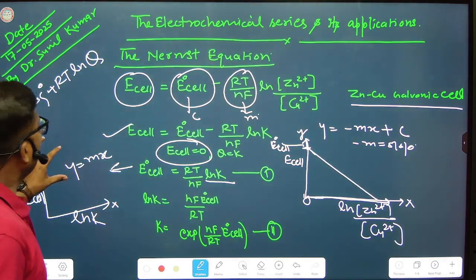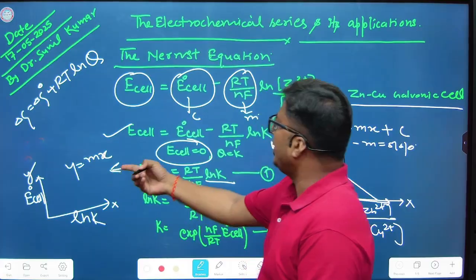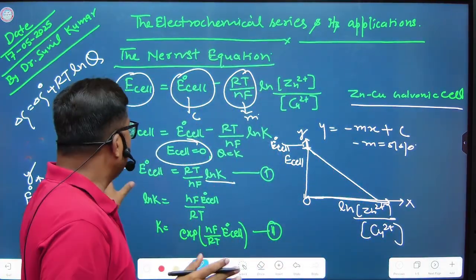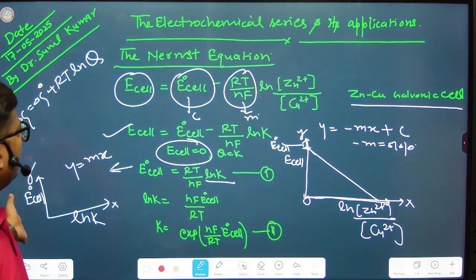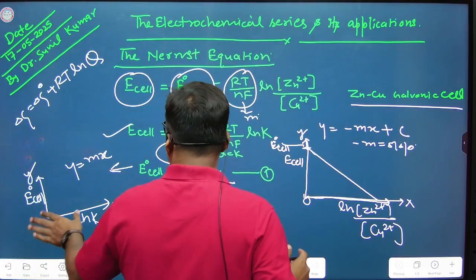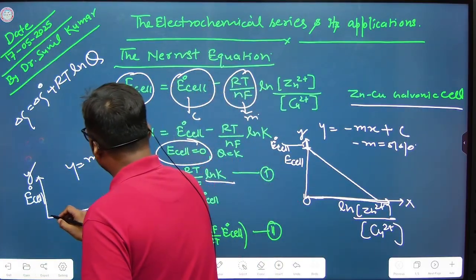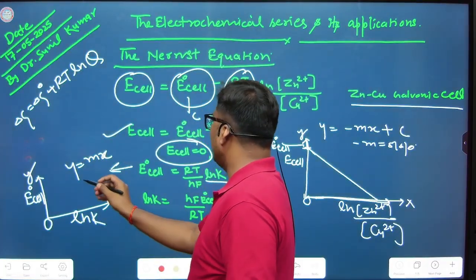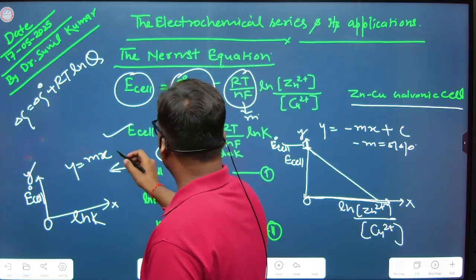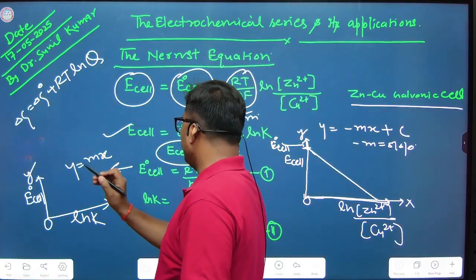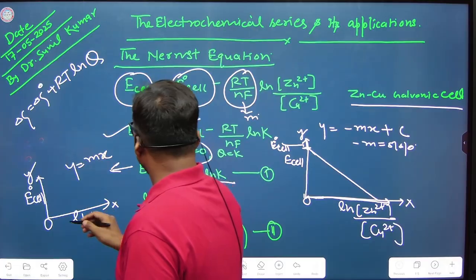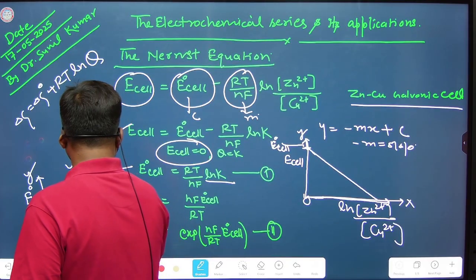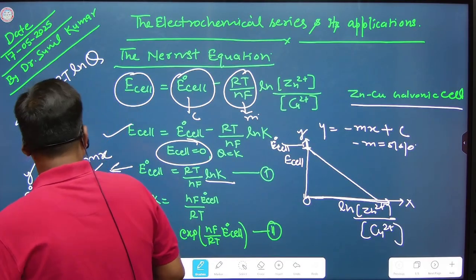Since it is equivalent to a straight line, y is equal to mx, the linear line will increase from the origin point. So this is your origin point. If x is 0, then y is 0, right? If x is 1, then y changes accordingly. So if the value of ln K increases, it looks like that.